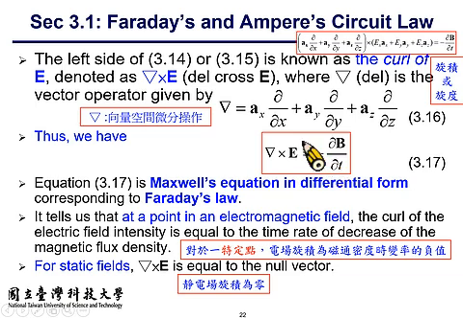Because when you attempt to describe the relationship of static fields, the electric and magnetic fields are decoupled. If there is no time derivative for the magnetic field, then the curl of E shall equal 0. The lateral derivatives of the electrical field, that is, the differences of the electrical field on its sides, have no difference. The lateral derivatives are 0.